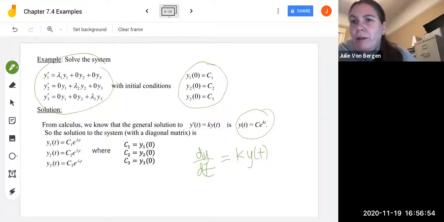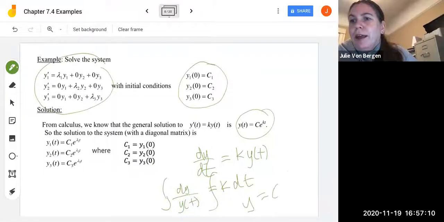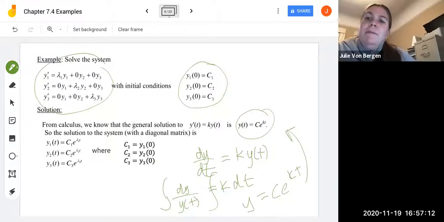So you ended up with dy over y of t equals k dt. And then when you integrate both sides, that's where you get y equals c e to the kt that we have up here. Because when you integrate, you get a ln, and then to get the y by itself, you have to exponentiate the right side. I think you did this near the end of Calc 1.